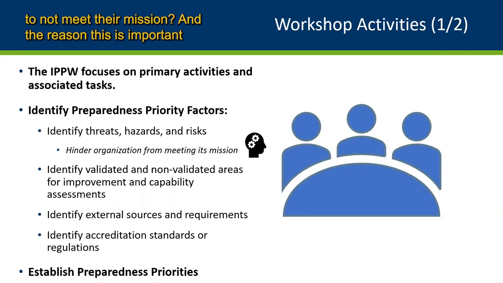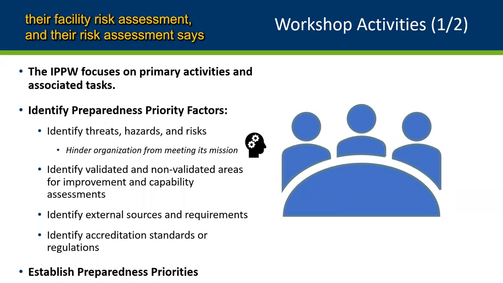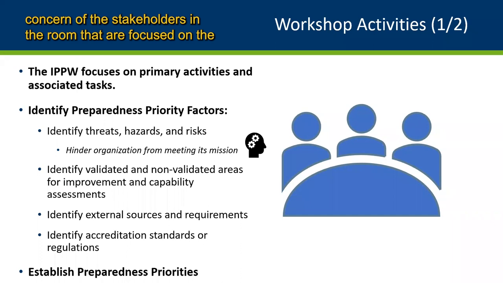And the reason this is important, when you're trying to merge risk assessments, if a hospital brings their facility risk assessment and their risk assessment says medical gas failure is one of our big concerns, that isn't necessarily a regional concern. What the regional concern or the concern of the stakeholders in the room that are focused on the IPP, what their concern is the hospital not being able to meet its mission of accepting and treating patients.